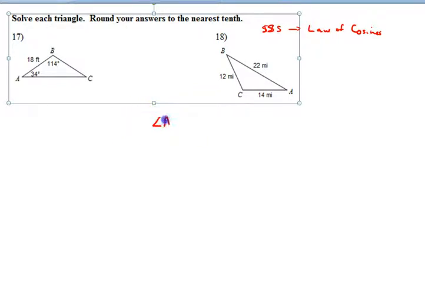Angle A is equal to the arc cosine of a squared minus b squared minus c squared all over negative 2bc. That's my formula that I use. The one in the book is a little different, but you get the same answer.